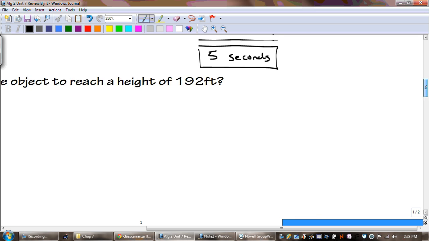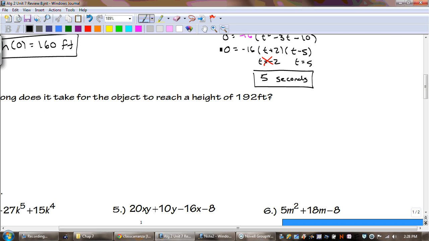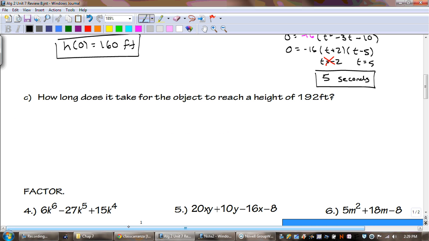So let's go back up. How long does it take for the object to reach a height of 192 feet? So once again, it's telling us that the height is 192 and we're trying to find the time. So we have 192 equals negative 16t squared plus 48t plus 160.